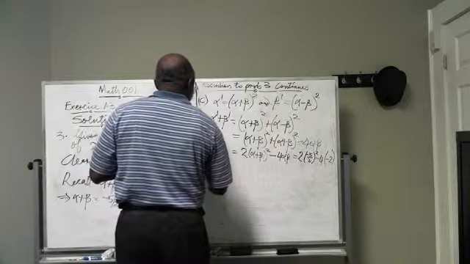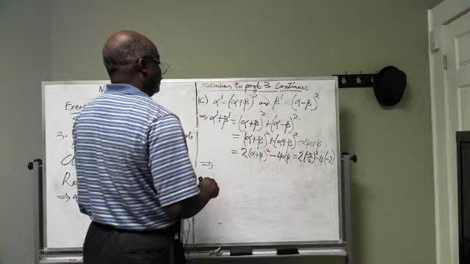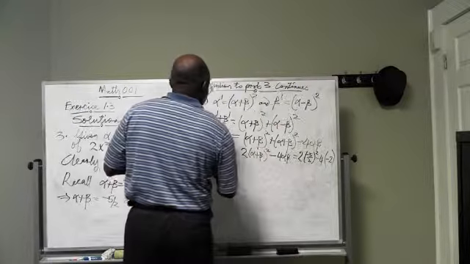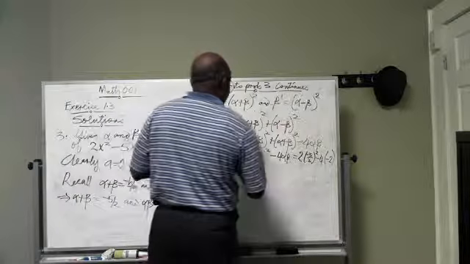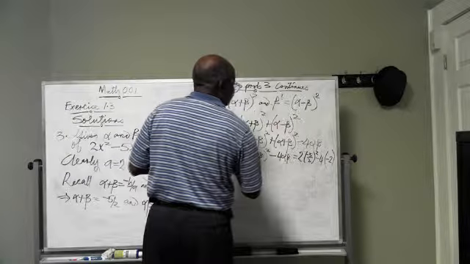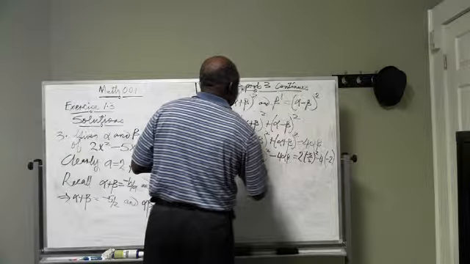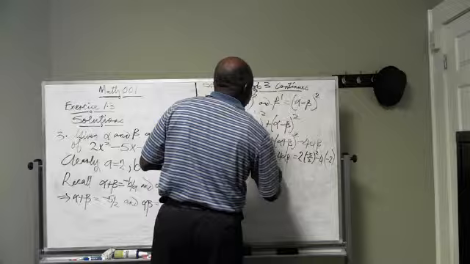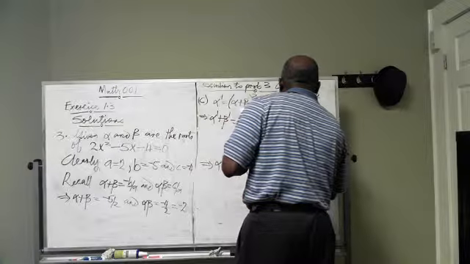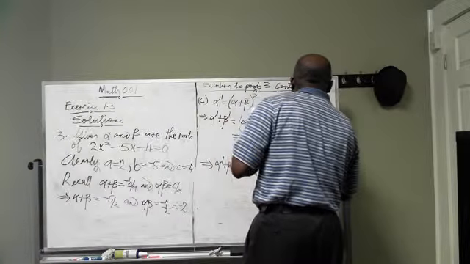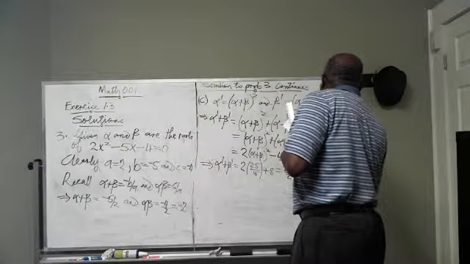This implies alpha prime plus beta prime equals 2 into 25 over 4 plus 8, which is equal to 25 over 2 plus 8, which is equal to 41 over 2.